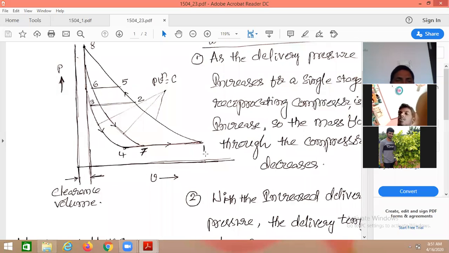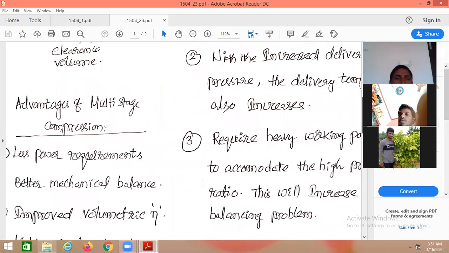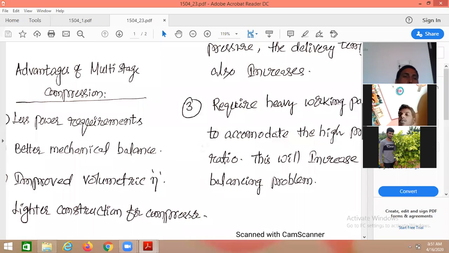A long stroke is required by the piston to drop the pressure from a high pressure. That is why the actual volume of fresh air entering the cylinder in each cycle decreases in single stage compression, so we don't prefer it. We will adopt multi-stage compression.